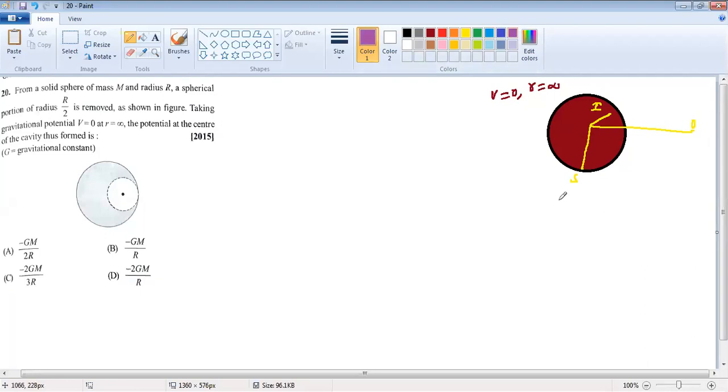So potential at outside, this mass is m. We are taking this mass as m. This radius is r. Let this distance be x, outside. So V naught equal to minus GM by x. On the surface, minus GM by r.